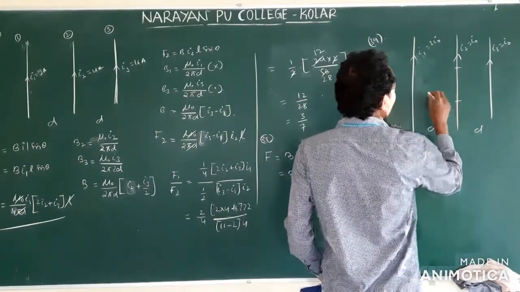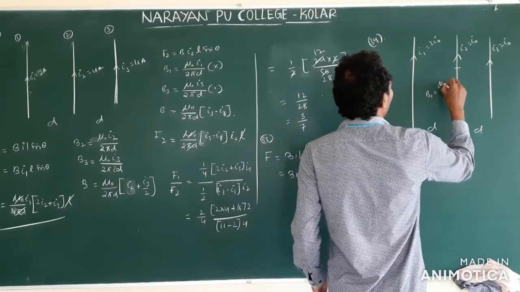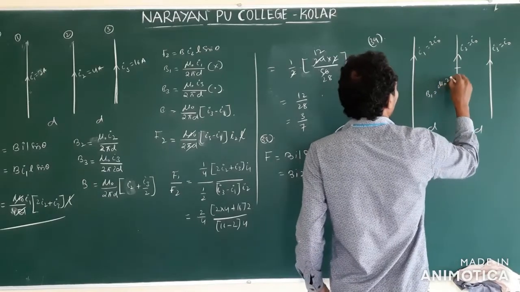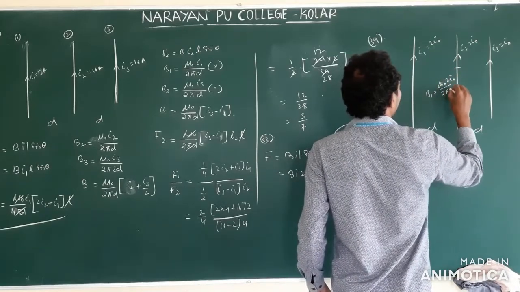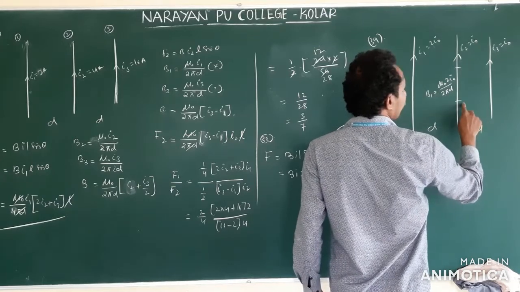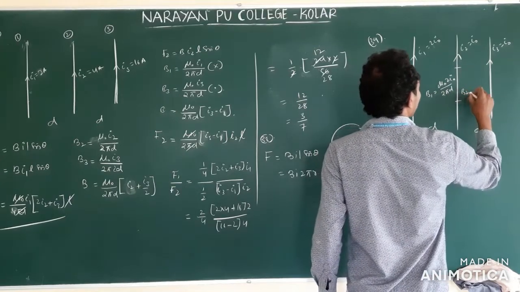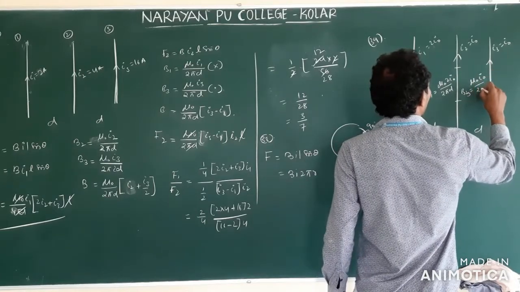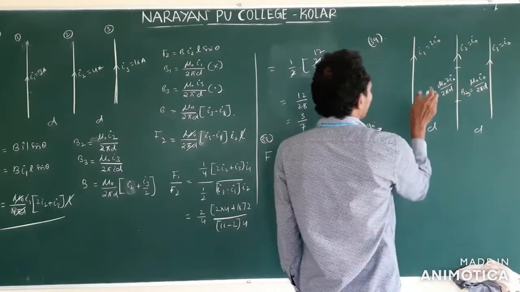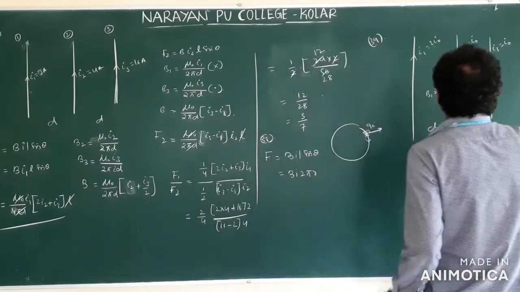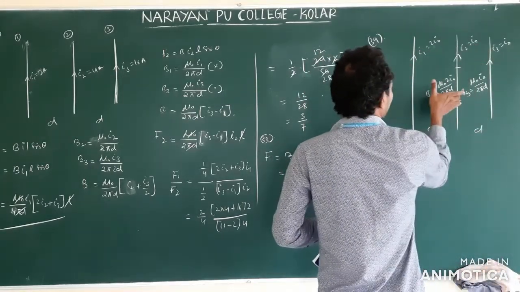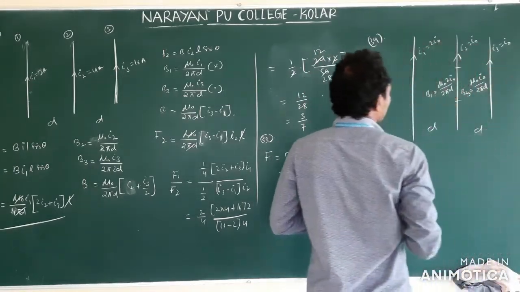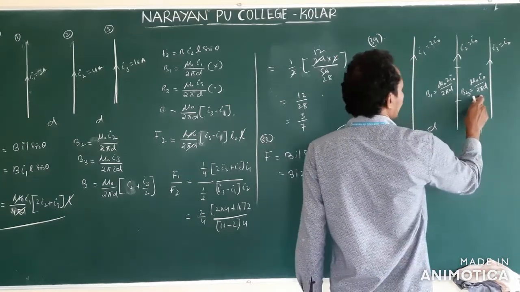The first wire's field at this point, B1, is equal to mu naught, what is the current here? 2 I naught by 2 pi D. Clear? And the field of this wire at this point, B3, is equal to mu naught I naught by 2 pi D. So one field is moving in, another field is coming out. Which field is acting more?